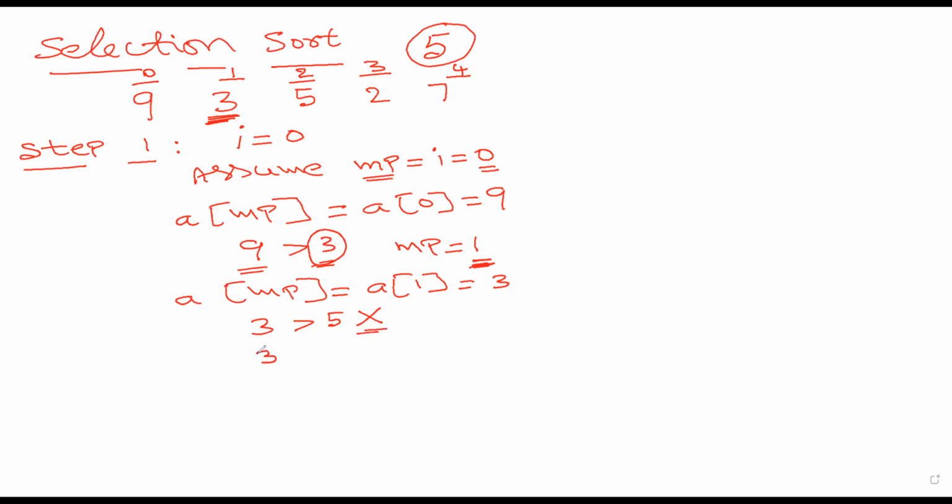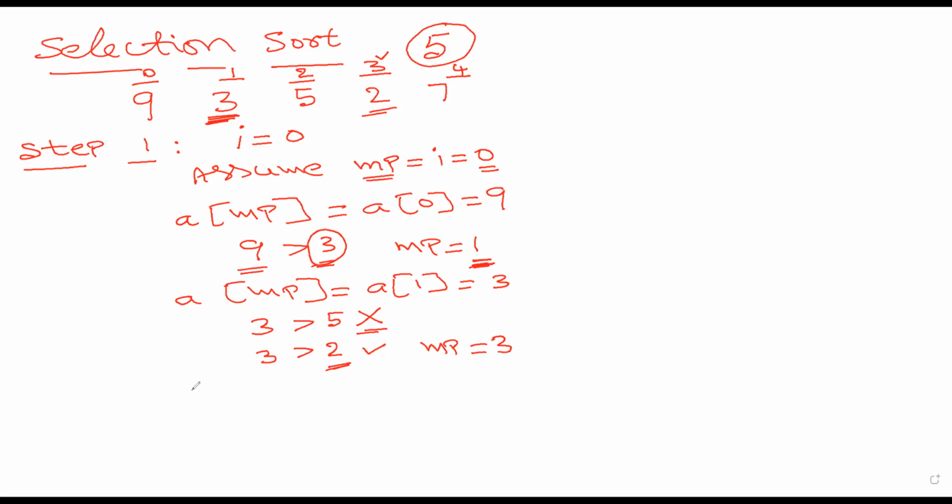Now we compare 3 with the next element, 2. 3 is greater than 2, so the condition is satisfied. That means we have to change our minimum position. Where is 2 present in the array? 2 is present at the third position, so our minimum position is now 3.